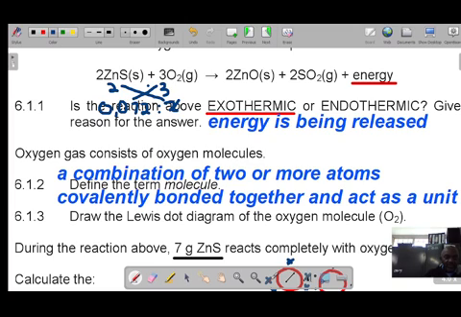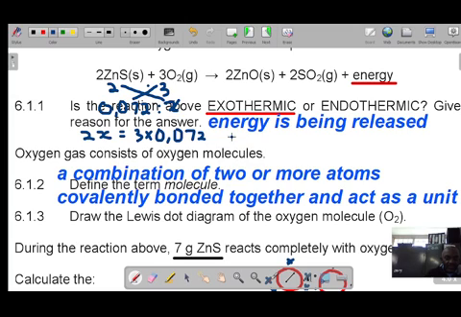It's going to be 2 times X, that's 2X, equals 3 times 0.072. Then I divide by 2 to get my X.